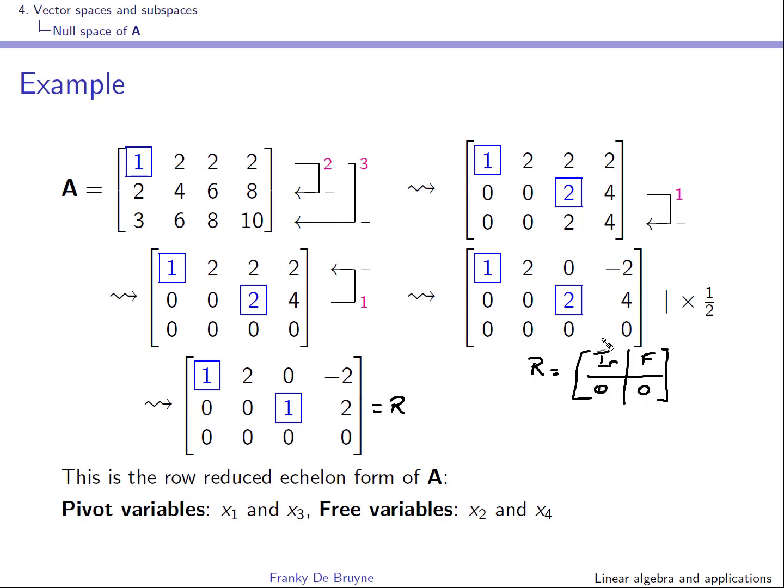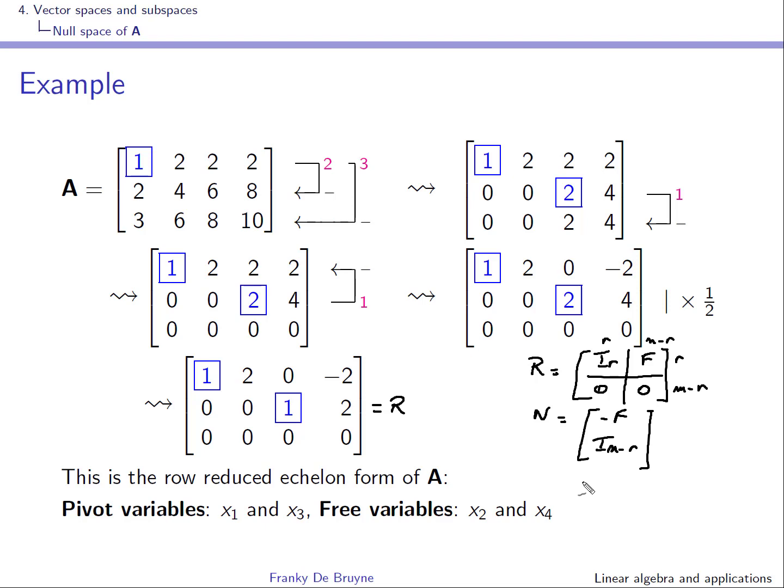So here we have R columns, N minus R columns. Here we have R rows and m minus R rows, and the idea was that you could construct N as minus F with an identity matrix of dimension N minus R.